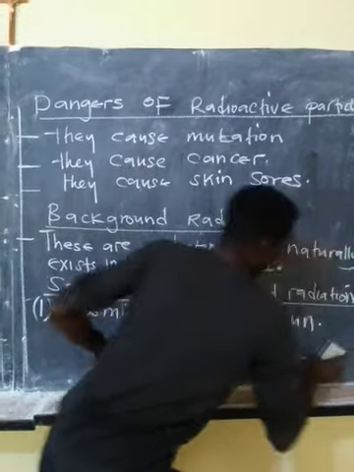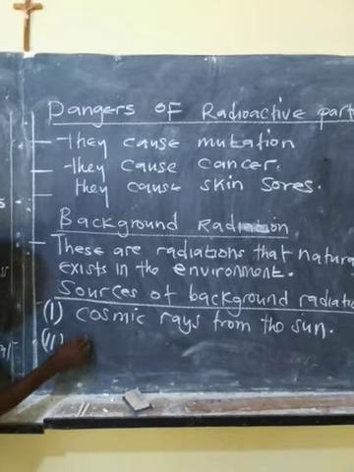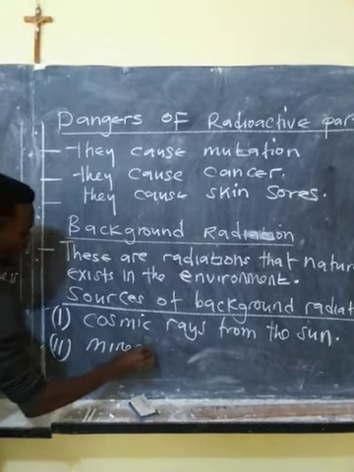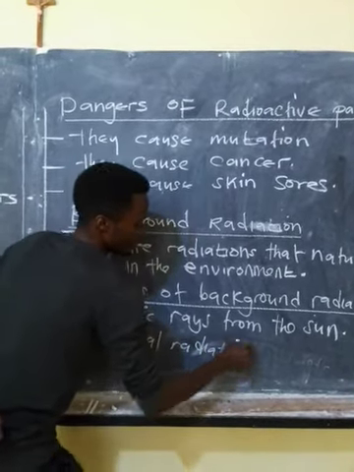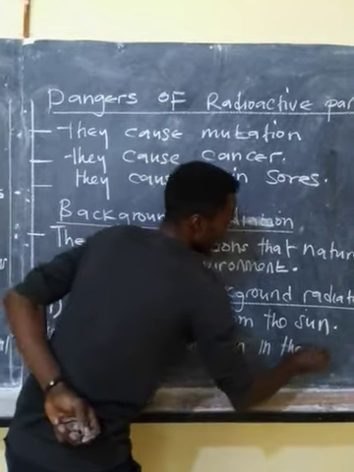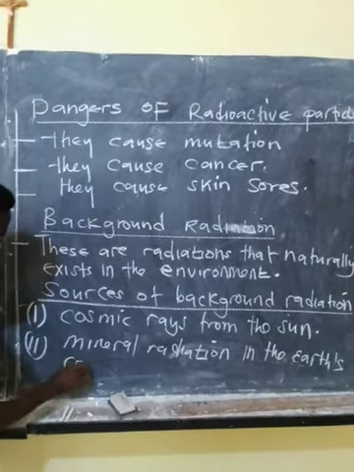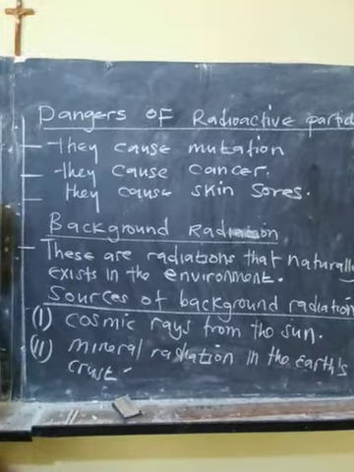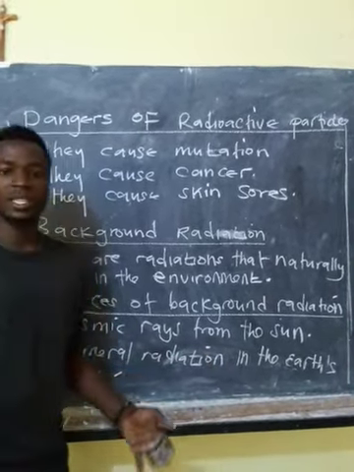Then the other one, we can also talk about the mineral radiations in the Earth's crust. So also the mineral radiations in the Earth's crust, they can cause mutations.